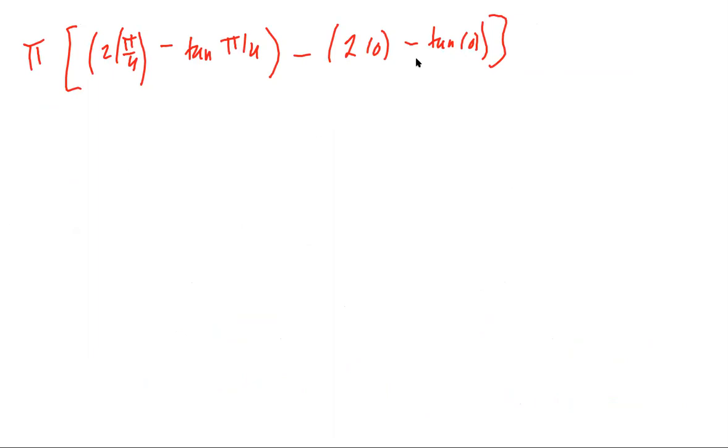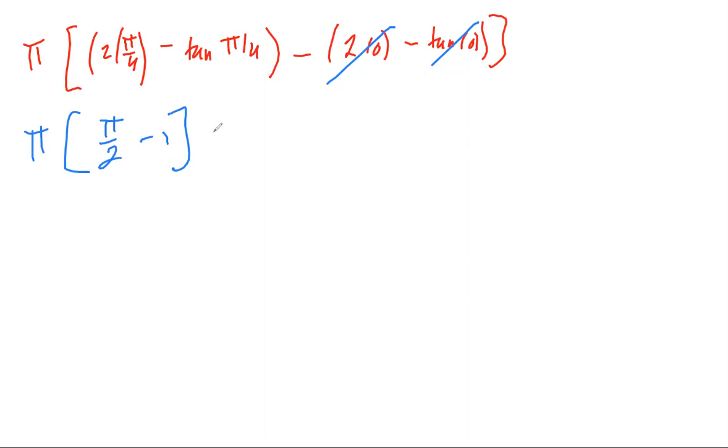Good news, as usual, that goes to 0. Pi is pi. 2 times pi over 4 is pi over 2. And then tangent of pi over 4 is 1, so you have minus 1.